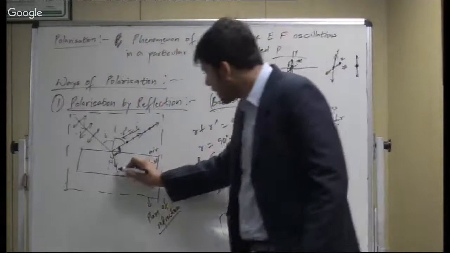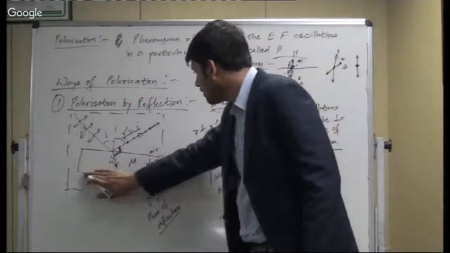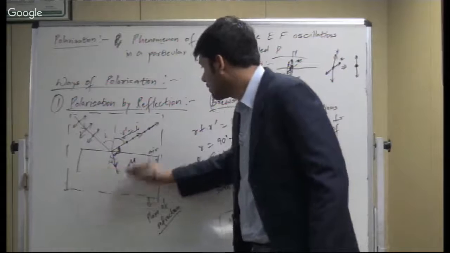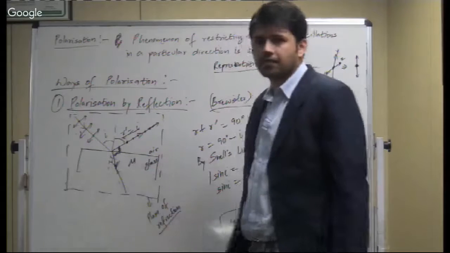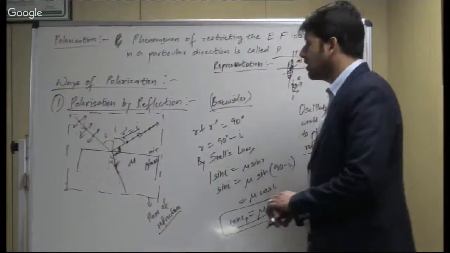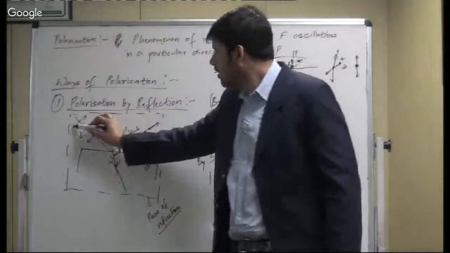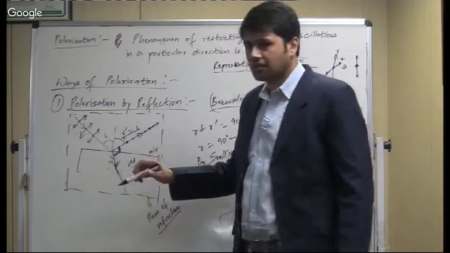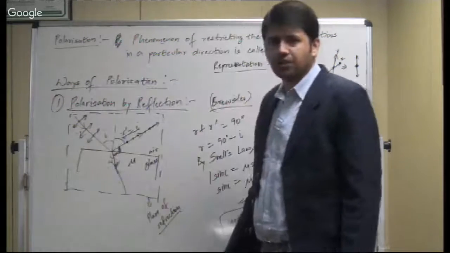What about the refracted ray? The original light had equal oscillations in this direction and into and out of the plane.